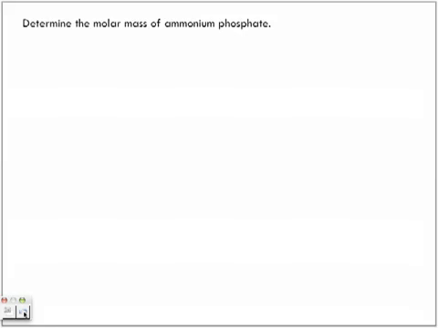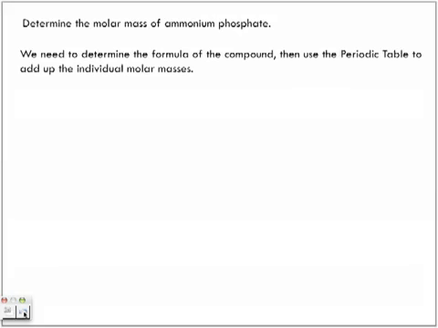Because ammonium is one of the polyatomics that you've been asked to memorize. Okay, so we need to determine the formula of the compound, then use the periodic table to add up the individual molar masses. So, here's the formula. (NH4)3PO4. So you must be able to put this formula together.